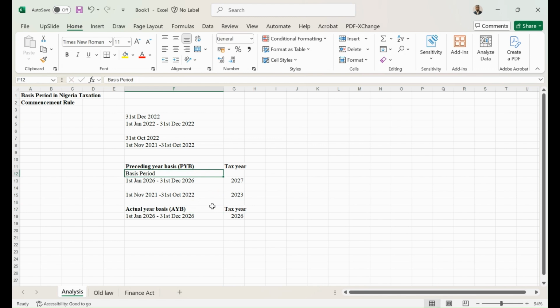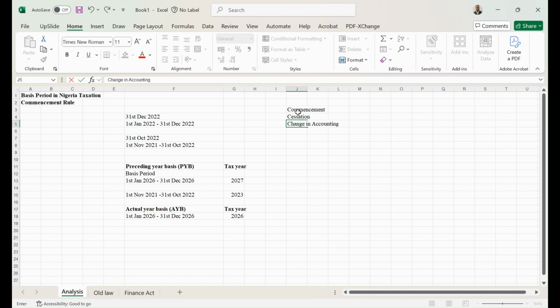So what basis period helps to do is that it helps to solve the issues of commencement and some other problems. Basis period can be used to solve three main problems: the problem of commencement, if your company is just starting operation, the problem of cessation, and the problem of change in accounting dates.